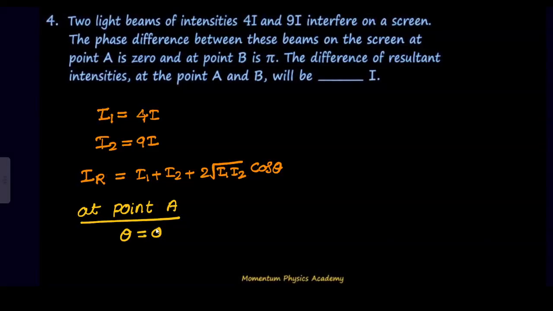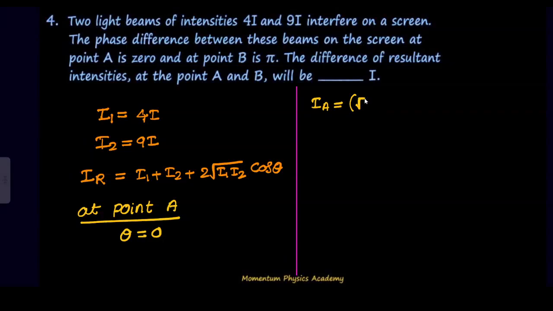Angle 0 means constructive interference, where a maxima is formed. So at point A we have a maximum.